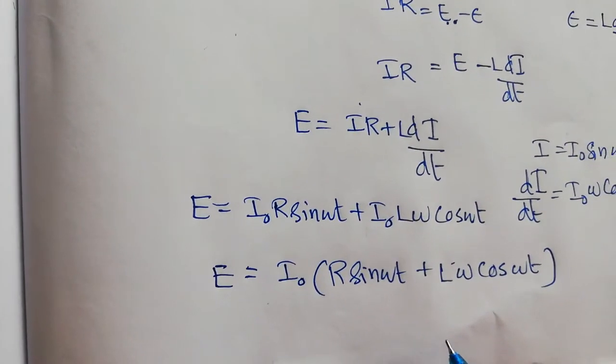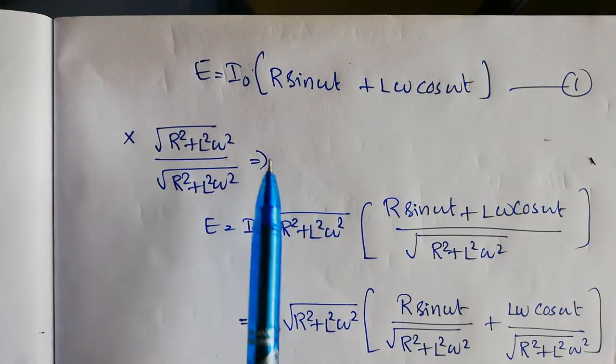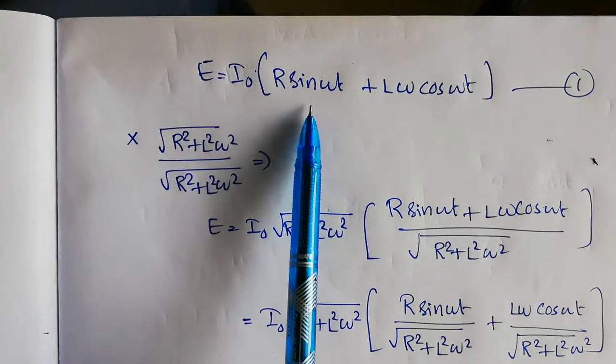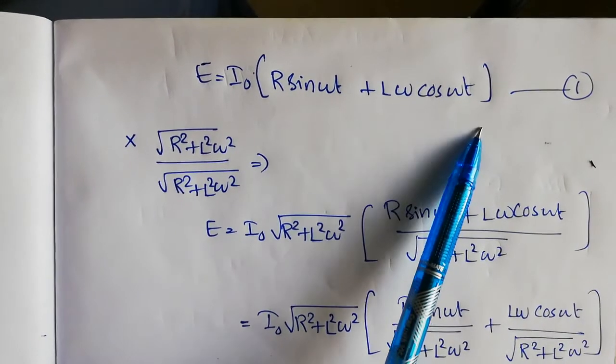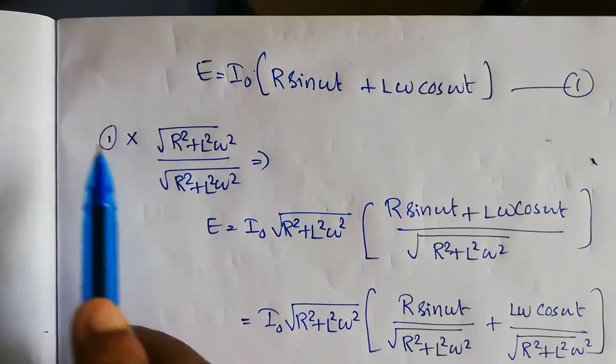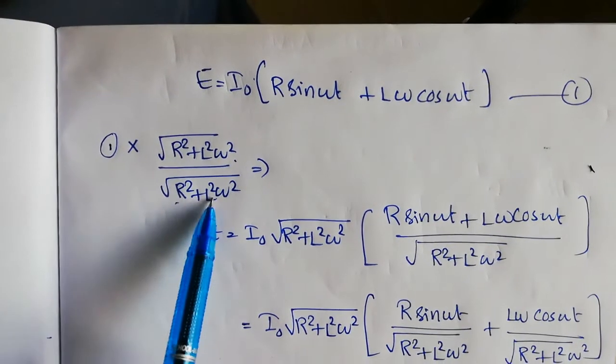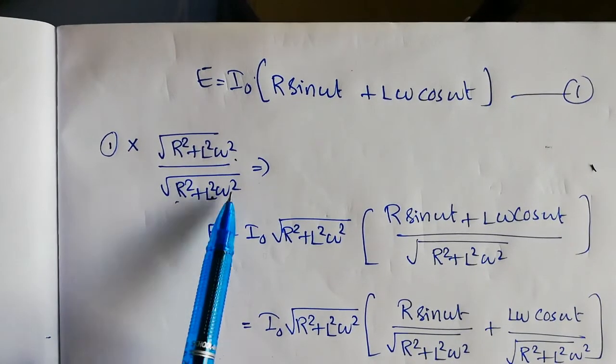Now we have to rearrange this equation. So we got E is equal to I0 (R sin omega t plus L omega cos omega t). This is equation 1. Now multiply and divide equation 1 by root of R square plus L square omega square.